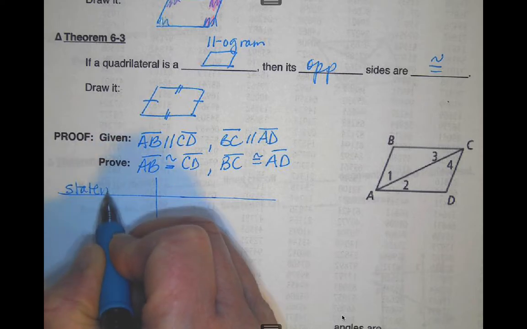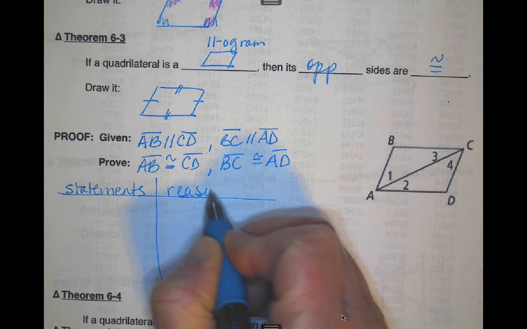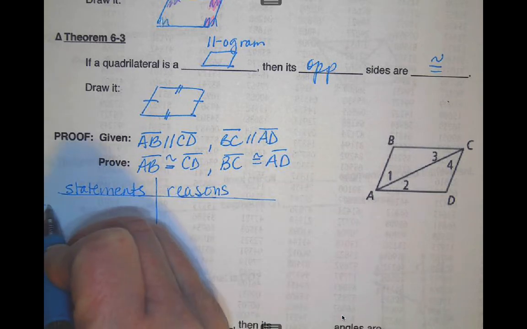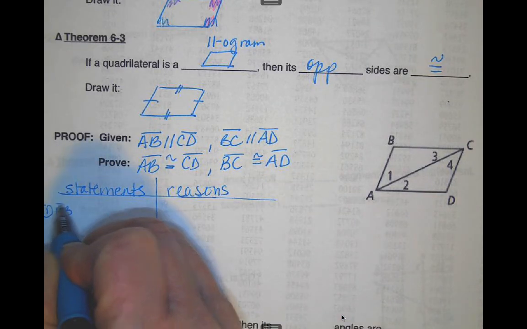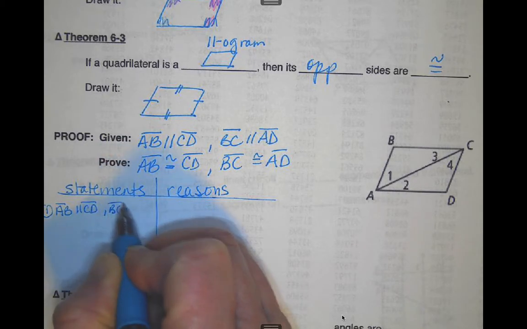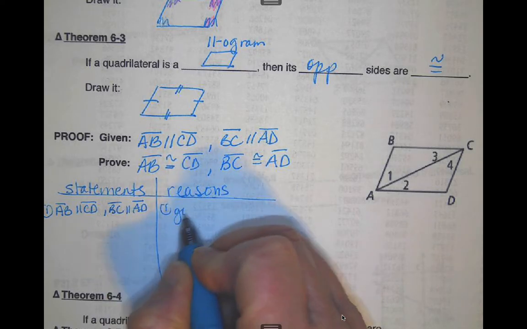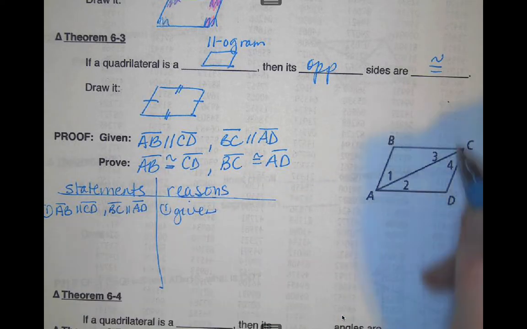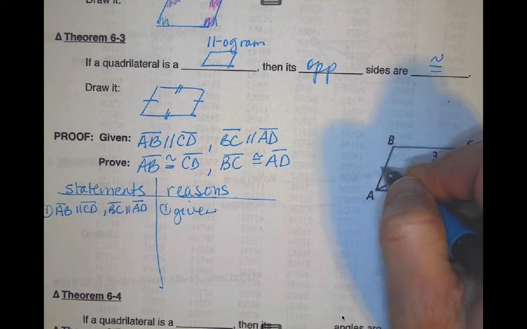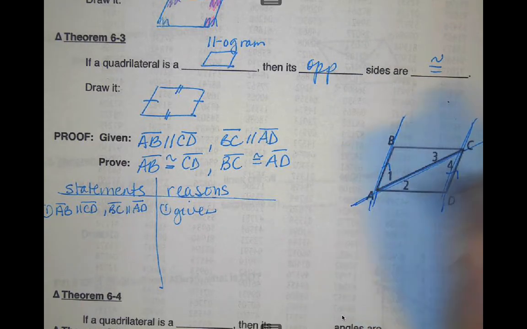So I got my statements and I got my reasons. There's my given again. If I know that these are parallel, then this side right here is parallel to this side, and I have this transversal right here.